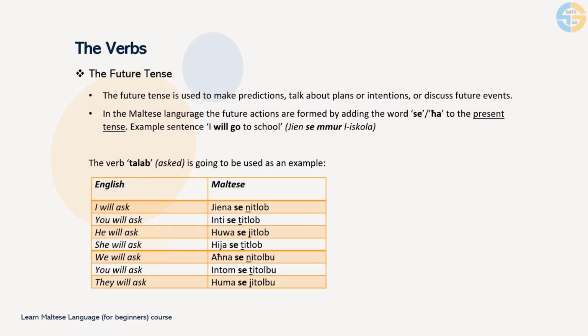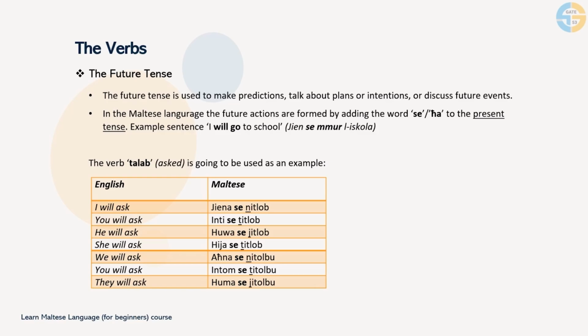You can see that nitlob, titlob, yitlob, titlob are underlined to show you that we're using the same rule here. But to add the future actions, you need to add se or ha before it. So se or ha to the present tense.